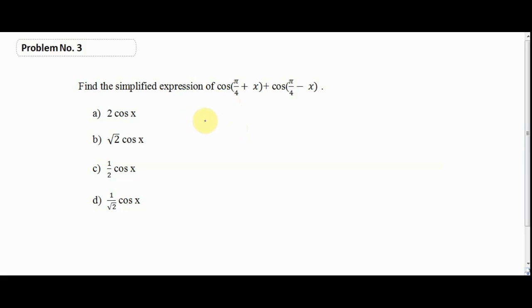This question can be solved using the identities we just discussed.